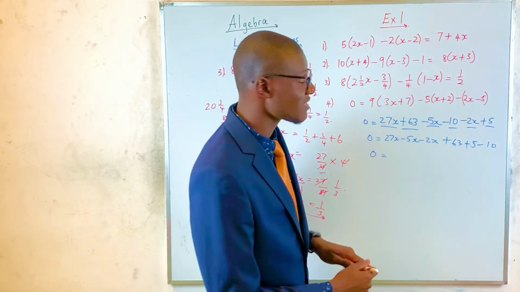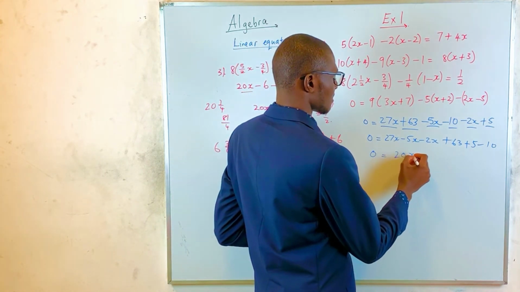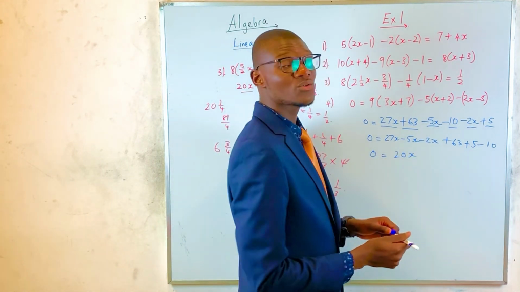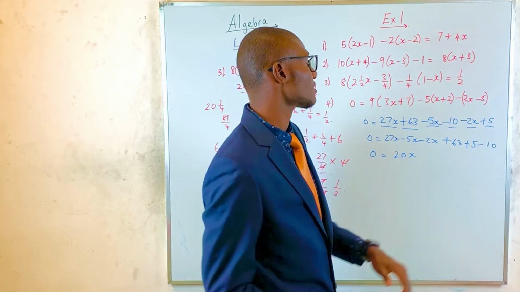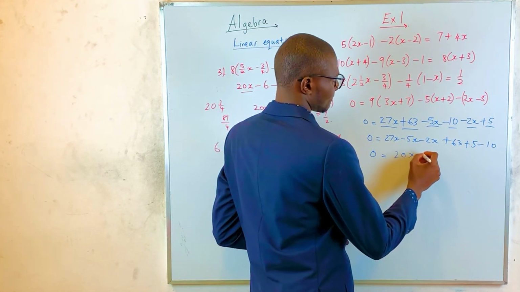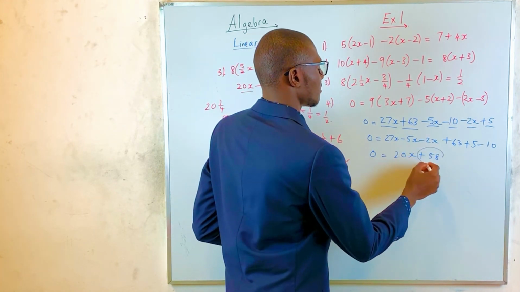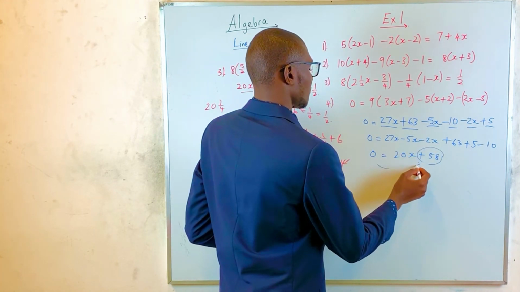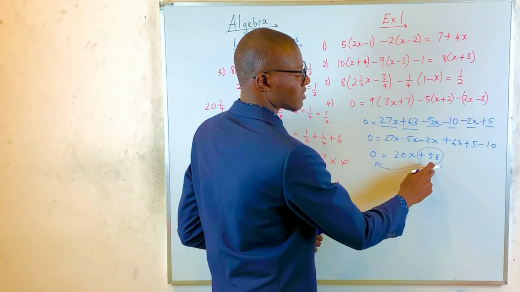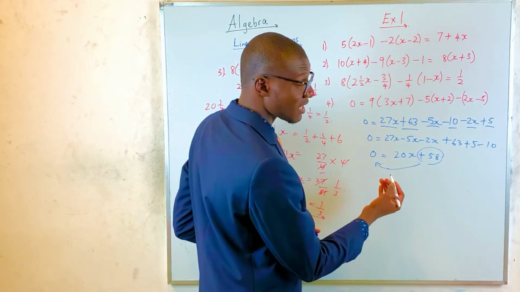So 27x minus 7x will give us 20x. Then 63 plus 5 is 68, minus 10, that's 58, plus 58.